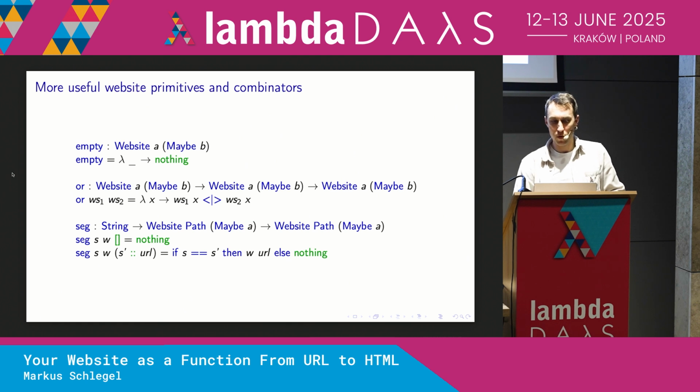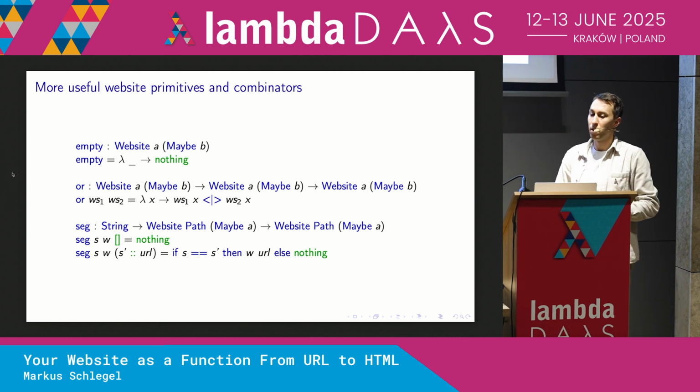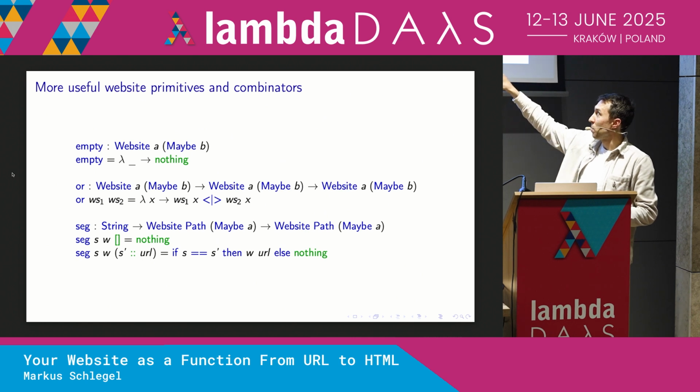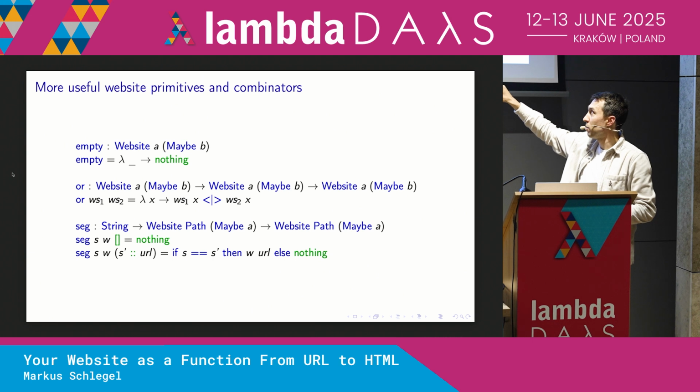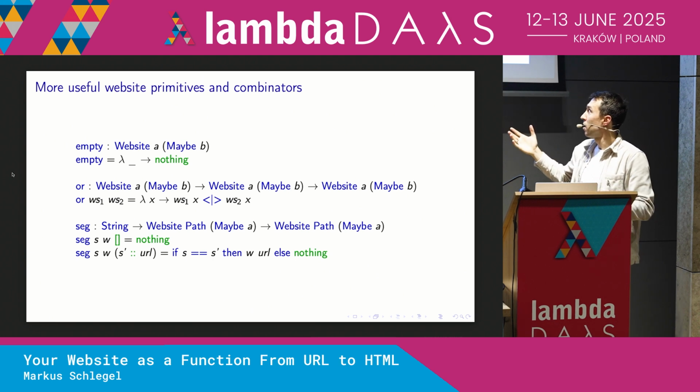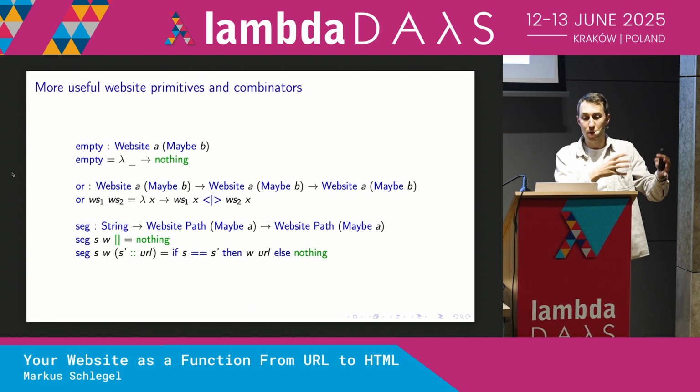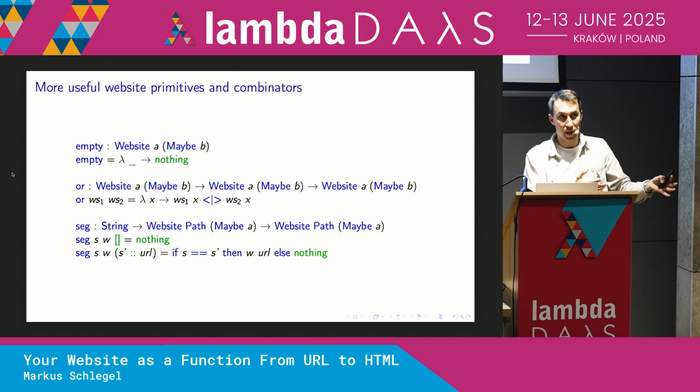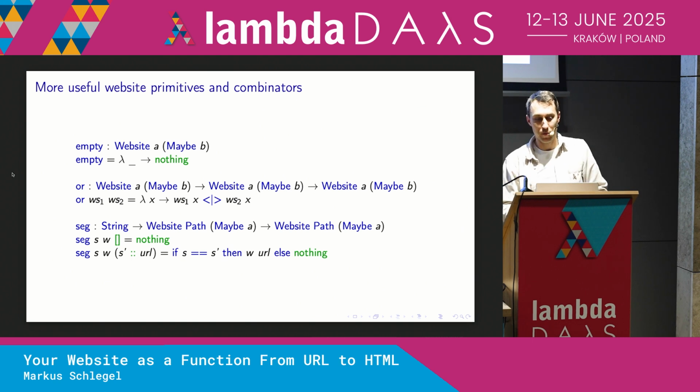And then for some more useful primitives and combinators, we have an empty website, always displays nothing. And we have this OR combinator, which takes 2 websites, A to maybe B, and then tries the first one with a given URL. And if that returns anything other than nothing, that's the answer. If it returns nothing, we try the second website.